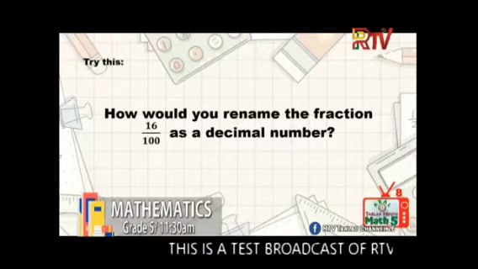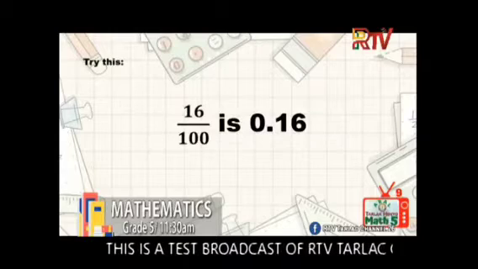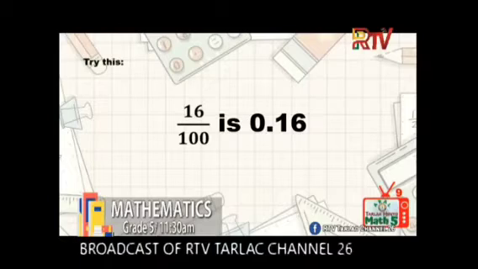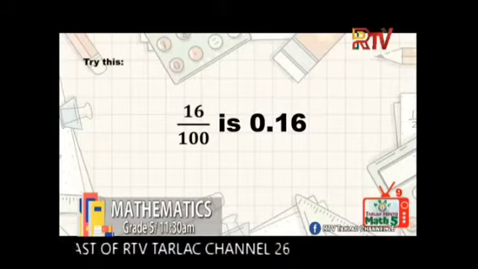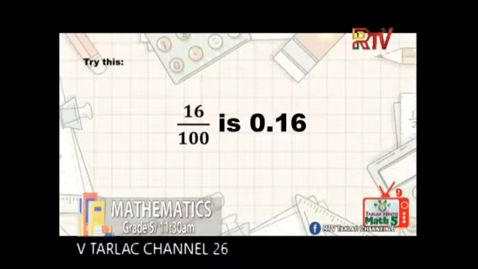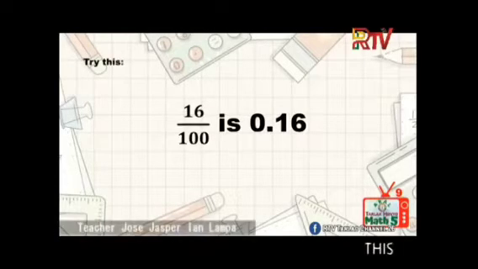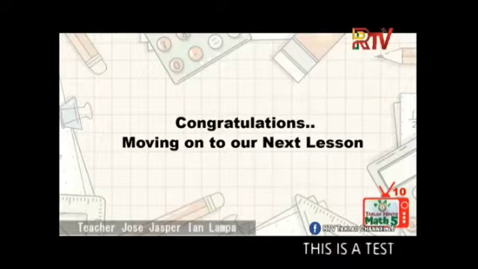Let's see your answers. 16 over 100 in decimal numbers is expressed as 0.16 or 16 hundredths. Congratulations! You are all geared up for the next lesson.